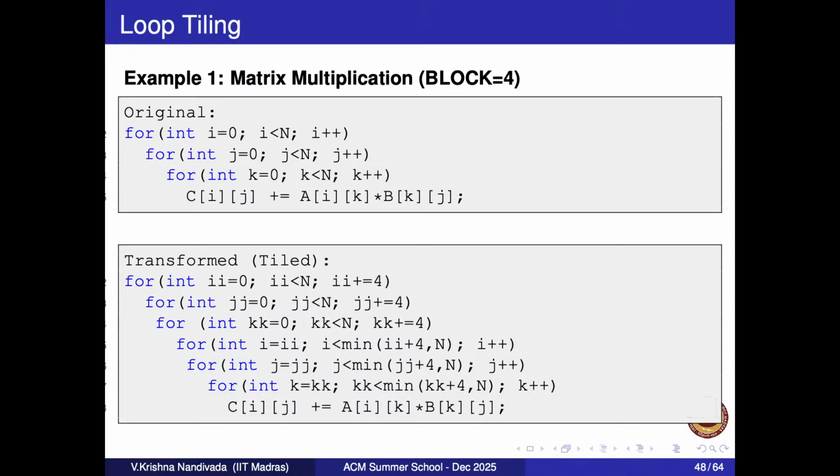Here you take one full row, multiply with one full column. Here you are taking some parts of the row, multiplying with some parts of the column, then second part, then third part. We are able to do this in this case because the order in which you are doing the operation is not making a difference.